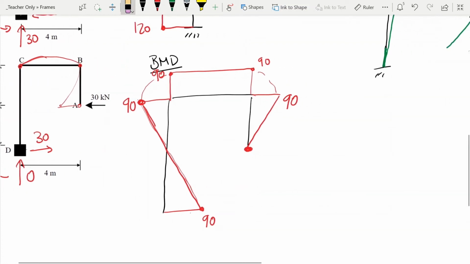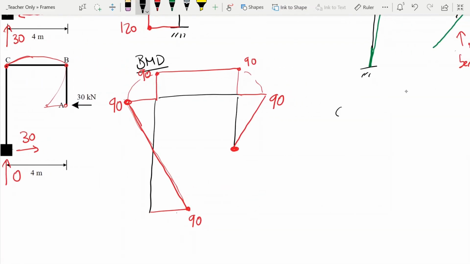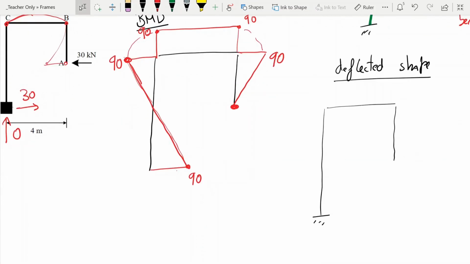What we can do next is with this, think about the deflected shape. And here we can start understanding that our bar first bends towards the left, so tension on the right side. But then when it gets towards the middle, we stop having bending just for a little bit, and we start having tension on the left side.